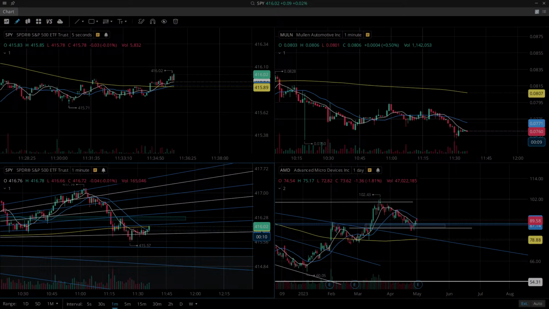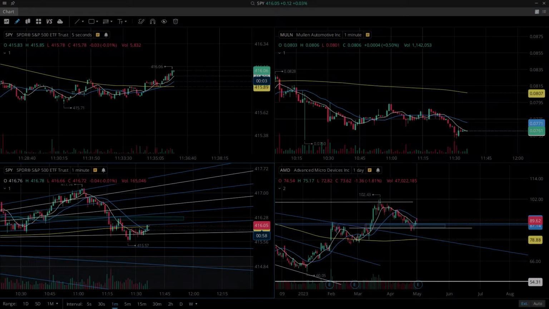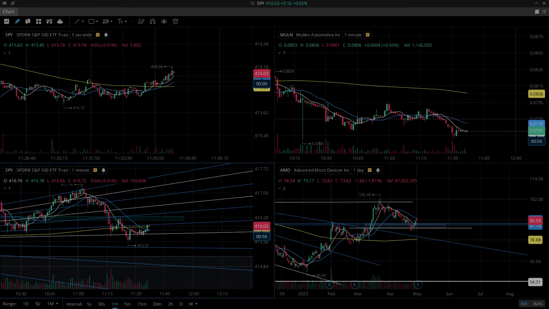All right, we're just above that resistance now on that little double bottom. There we go. Starting to get a little momentum. We got one more target here to reach. There we go. All right, 41.92 is the next stop.